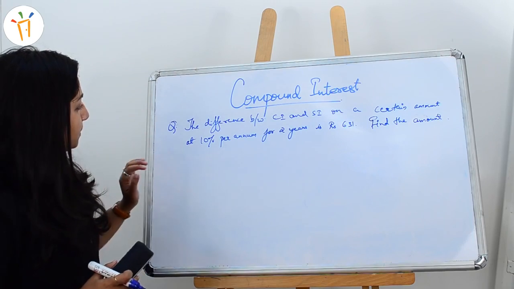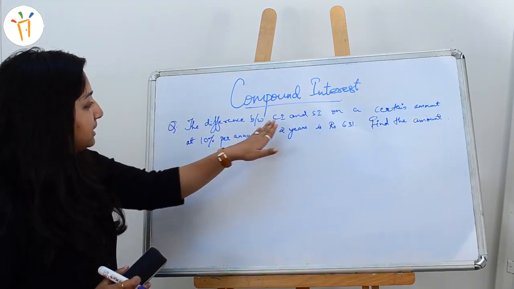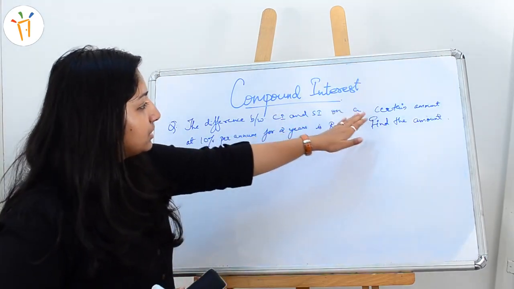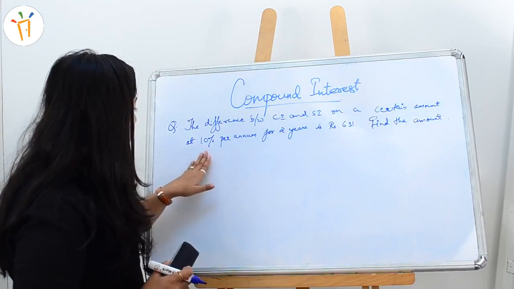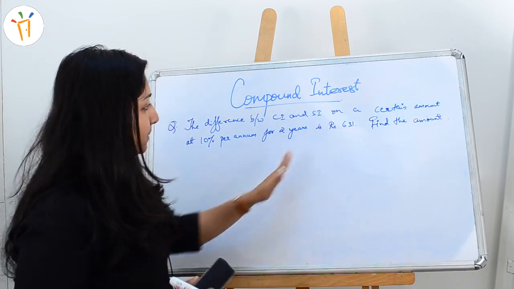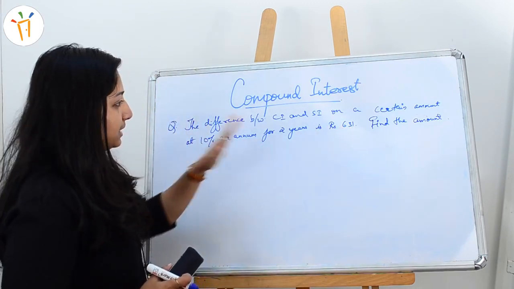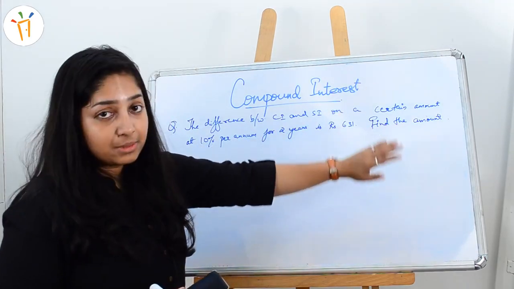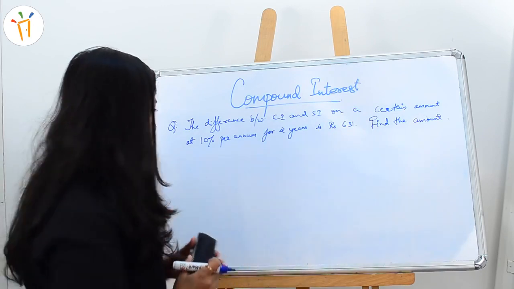So our next problem is: the difference between CI and SI, that is compound interest and simple interest, on a certain amount at 10% per annum for 2 years is rupees 631. That means the difference between the CI and SI is given and it is asking us to find the amount. Find the amount means to find the principal.